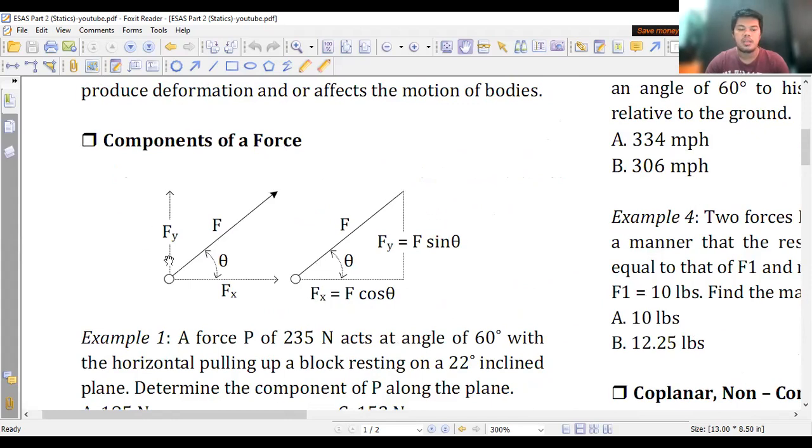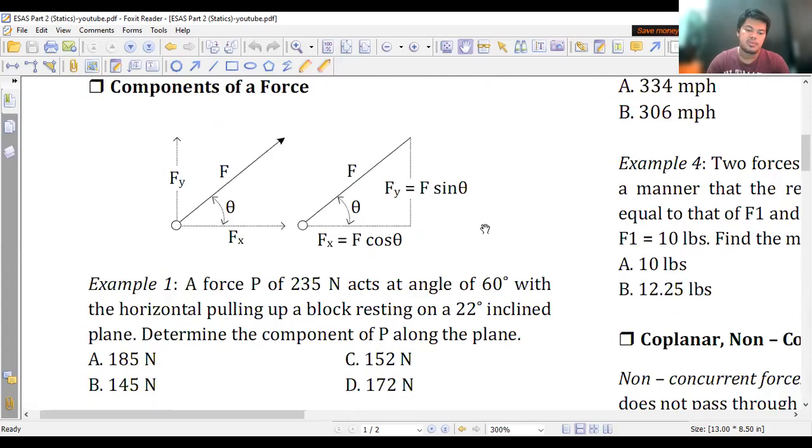Later on, we apply this concept to the succeeding topics. So it is best that we fully understand how we can calculate the components of a force with respect to a particular axis.